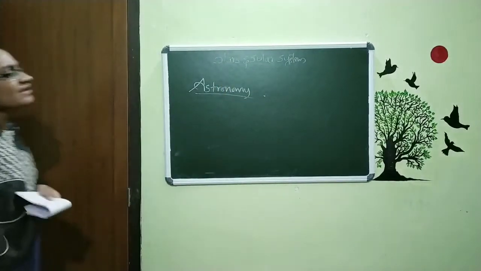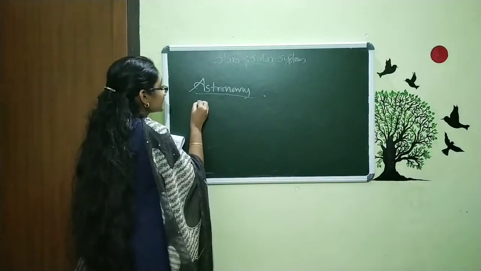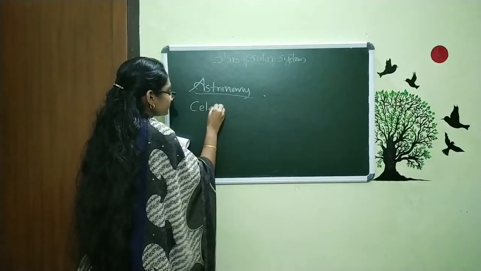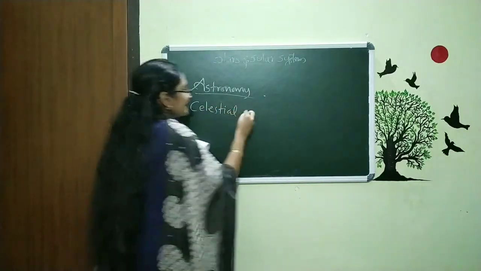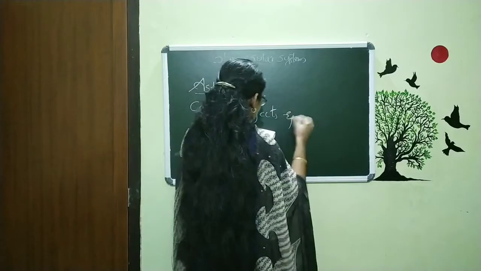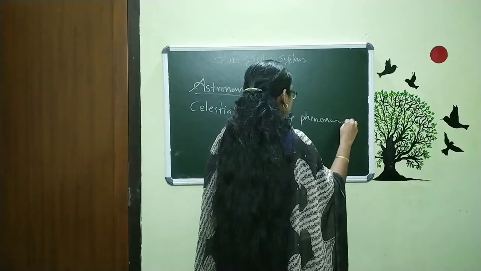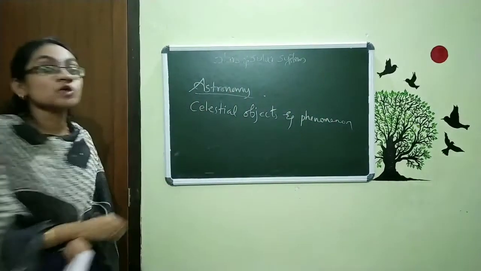So what is astronomy? The study of celestial objects and phenomena is called astronomy.